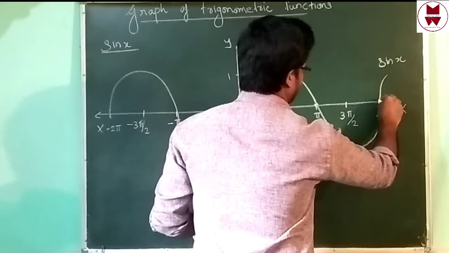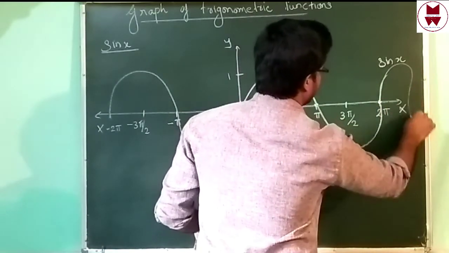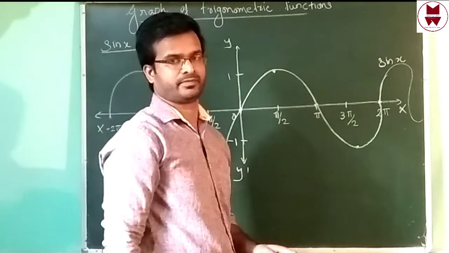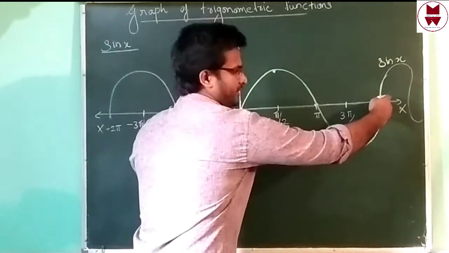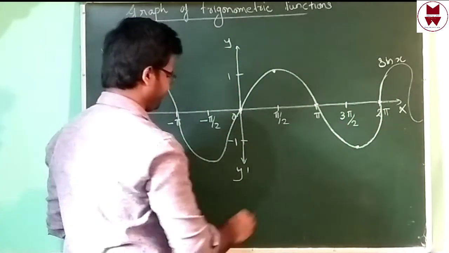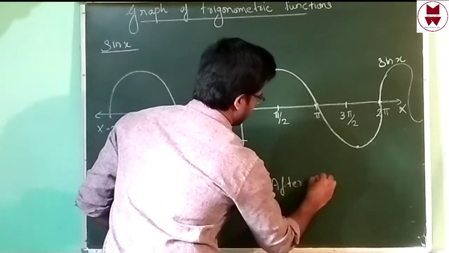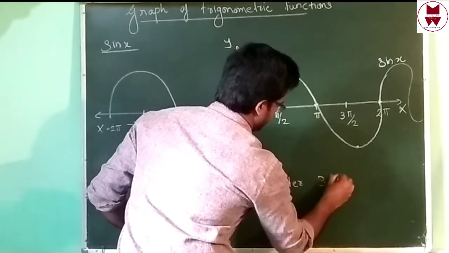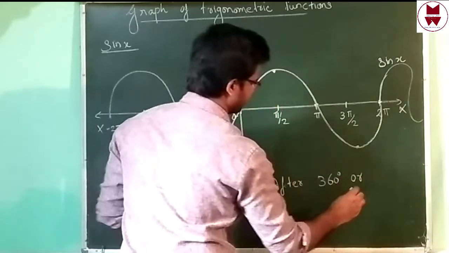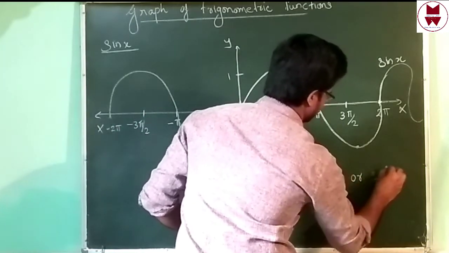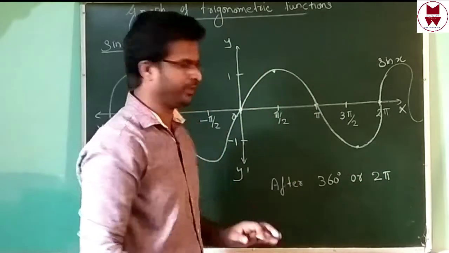After 360, the same graph will repeat. Repetition of this part. Then we can say after 360 degree or 2 pi, 360 and 2 pi are equal, isn't it?